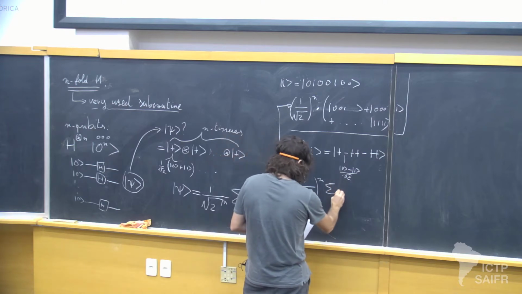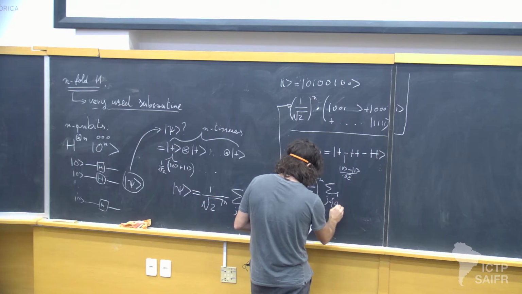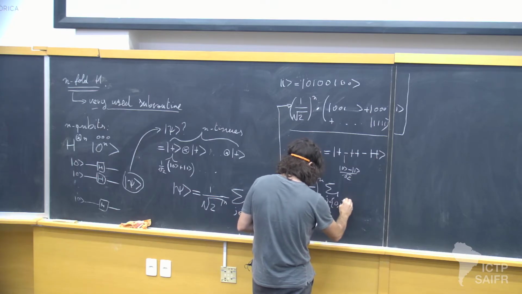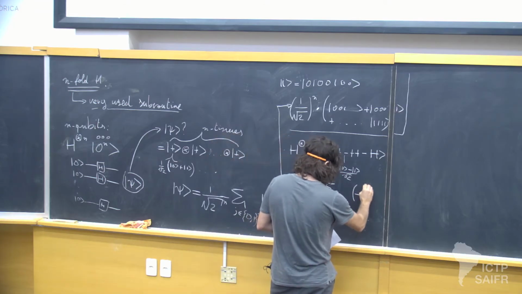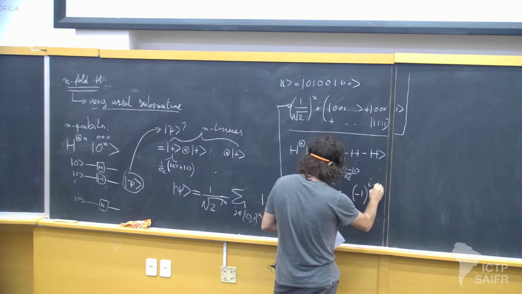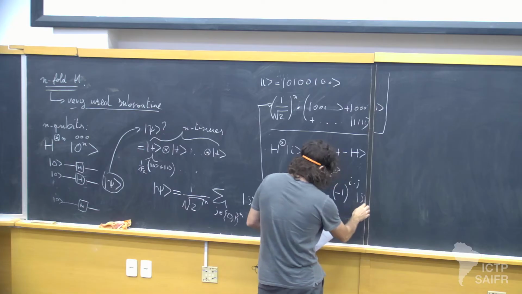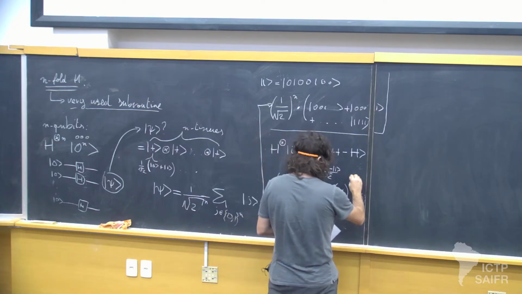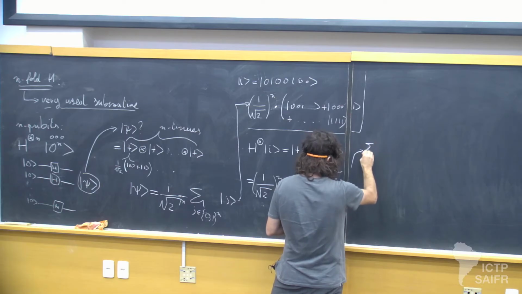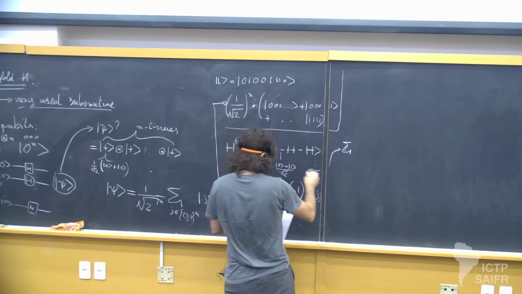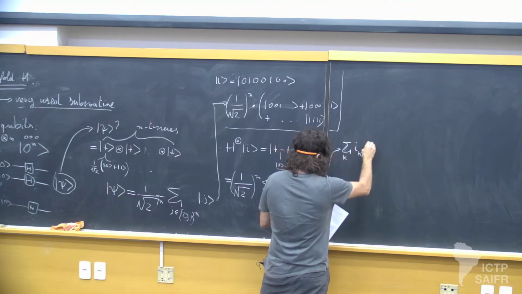And then summation over j between 0 and 1 to the n. And then we get minus 1 to the scalar product of i and j, where i, this guy, reads summation over all indices k, i_k, j_k.